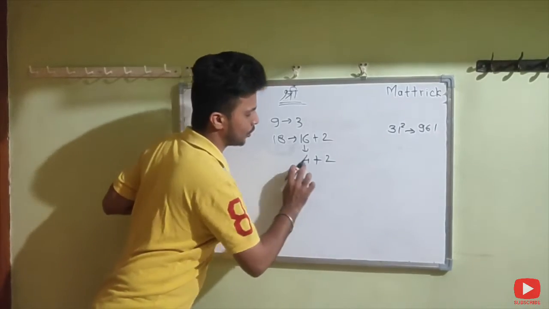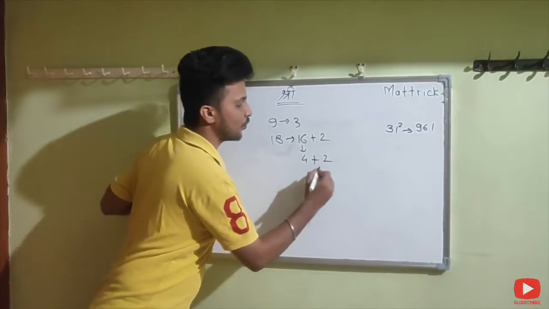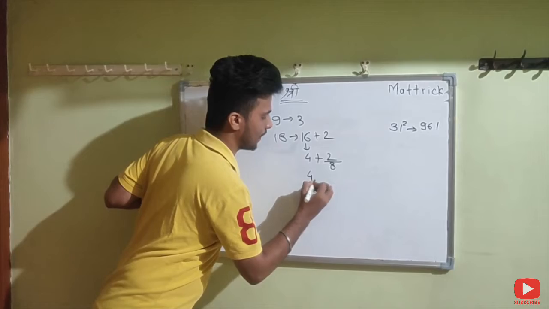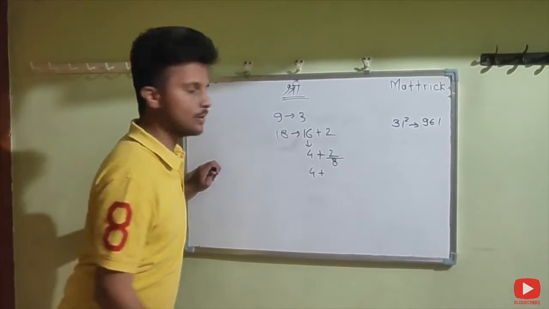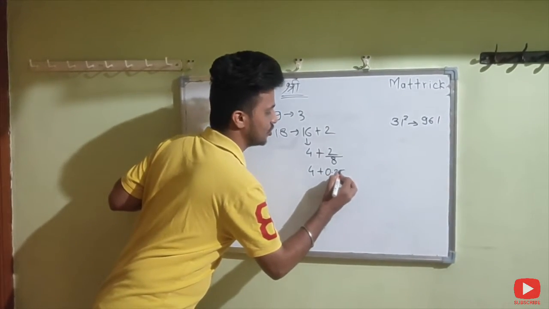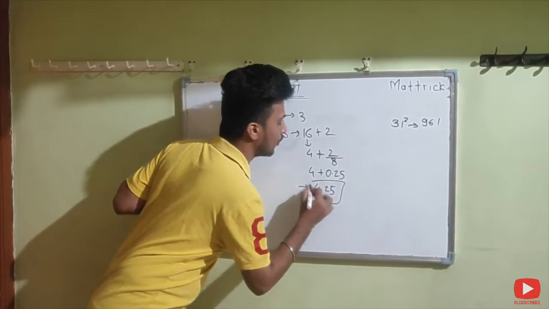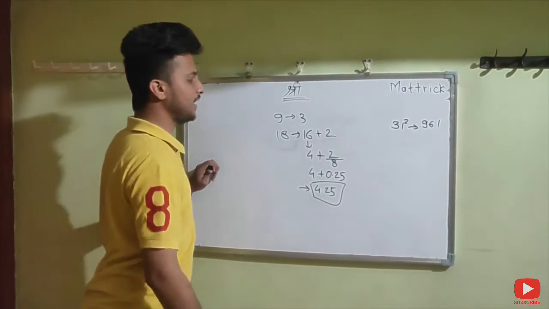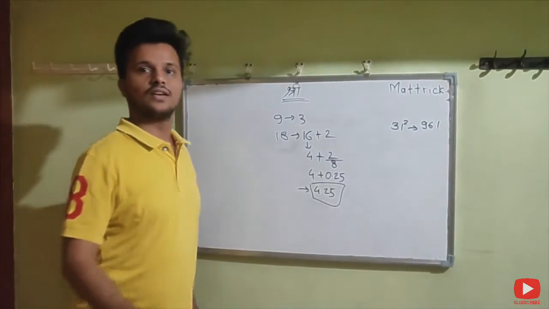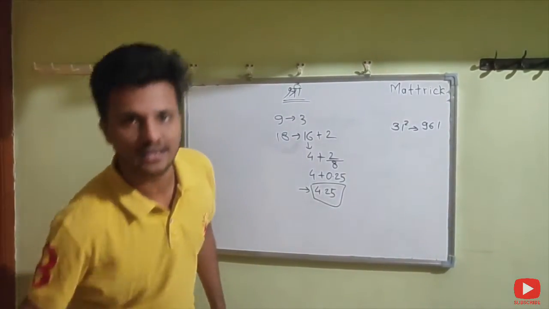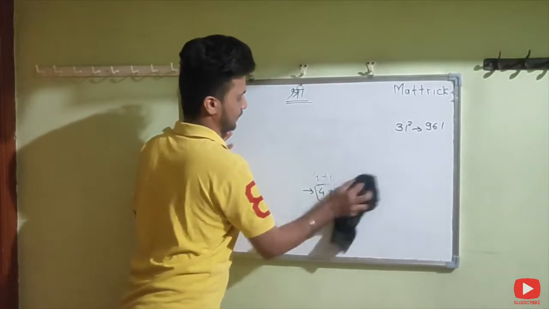Divide this number by twice of this number. Twice of 4 is 8. So 4 plus 2 divided by 8 is 0.25. So your answer is approximately 4.25. The square root of 18 is 4.25.